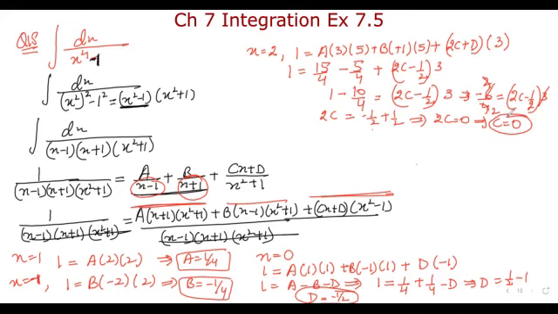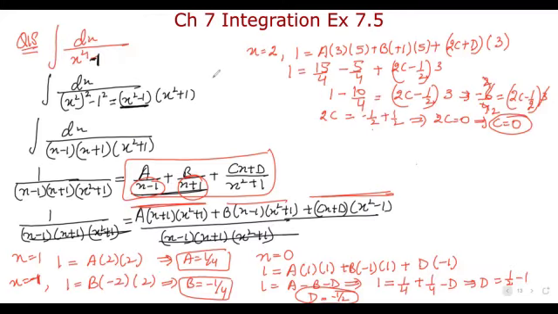I think that must be clear to you. Now putting the values of A, B, C, D here to integrate. So if I put the value of A as 1/4, this will become 1/4 integral dx upon x minus 1. B is minus 1/4 integral dx upon x plus 1.